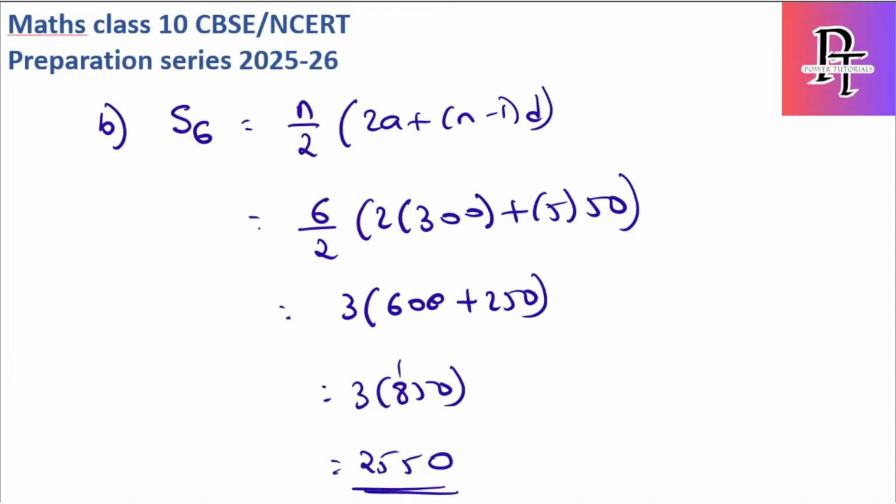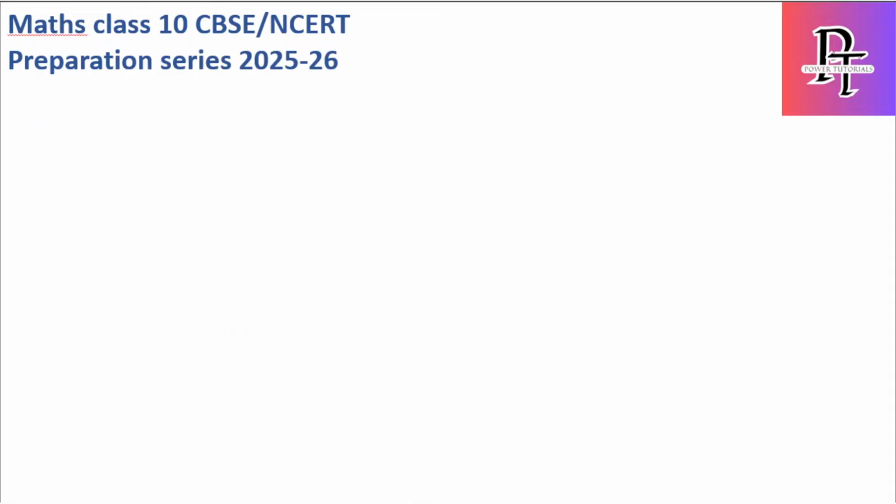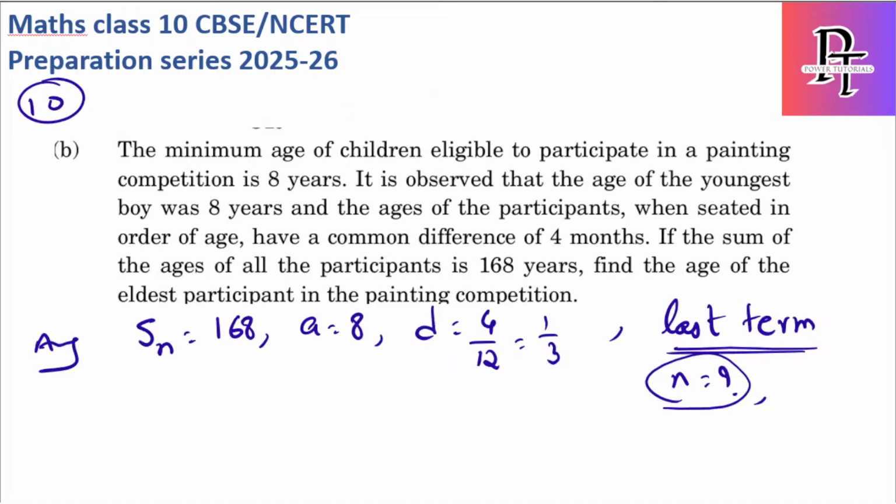We have to use the Sn formula here. What is the Sn formula? n by 2 into 2a plus n minus 1 into d. The sum of n terms they have provided is how much? 168.